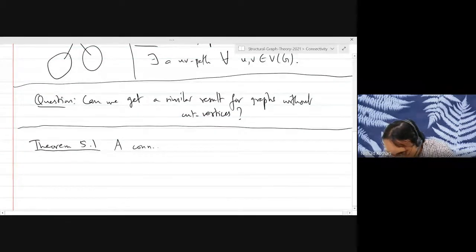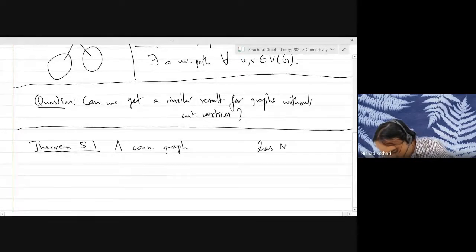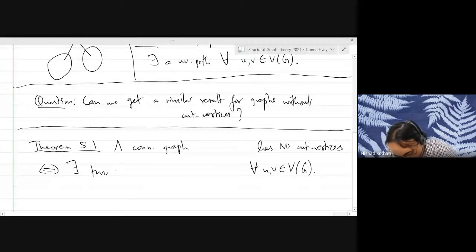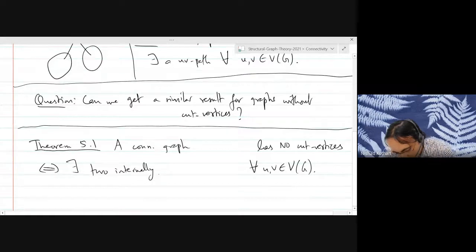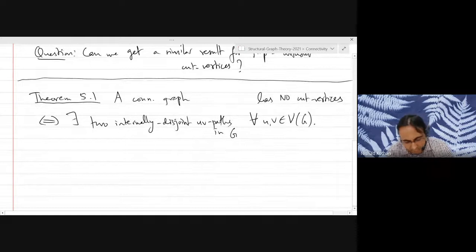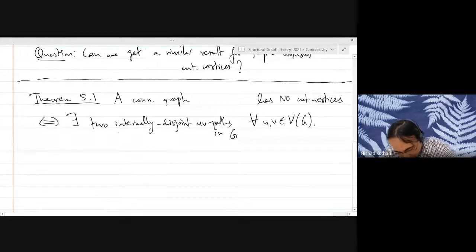A connected graph has no cut vertices if and only if you take any 2 vertices, U and V, then there exist 2 internally disjoint UV paths in the graph. Okay, so what does internally disjoint UV paths mean?